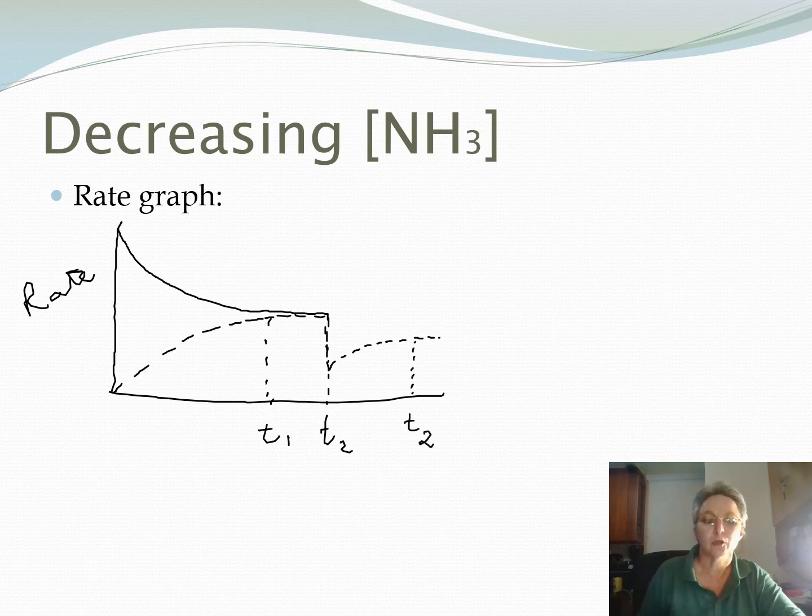It will be slower. The forward reaction, because the hydrogen and nitrogen are removed as the forward reaction is favored, will slow down as time goes along to establish the new equilibrium.